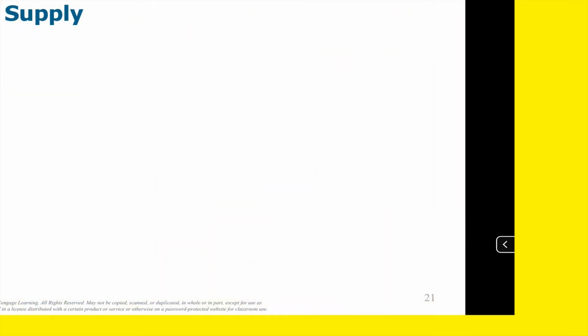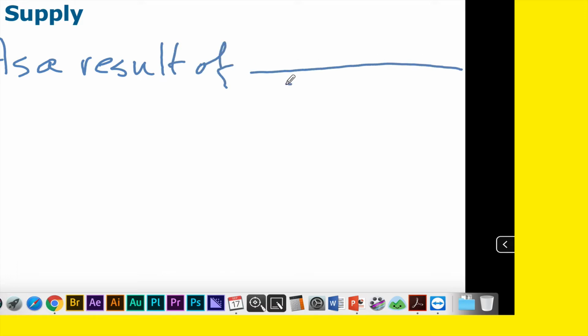So before we get into supply, I want to write the formula out for you. As a result of insert determinants, comma.